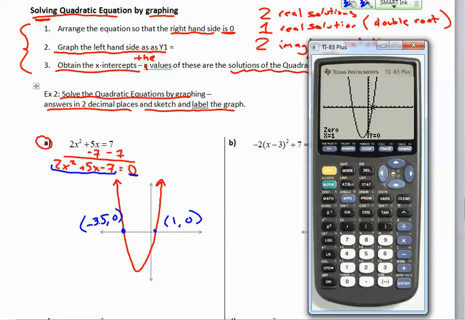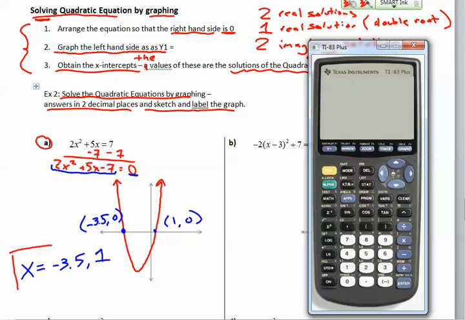So what are my solutions? Just my x values right here for my intercepts. So negative 3.5 or a positive 1. I have 2 solutions. 2 real solutions for that one. So solving them in your calculator is really easy. Get everything over to one side of the equation, throw it in your calculator, graph it, and find the x-intercepts. Right?